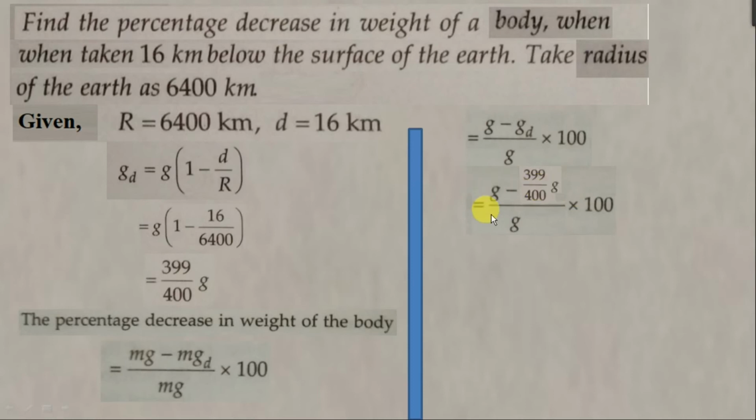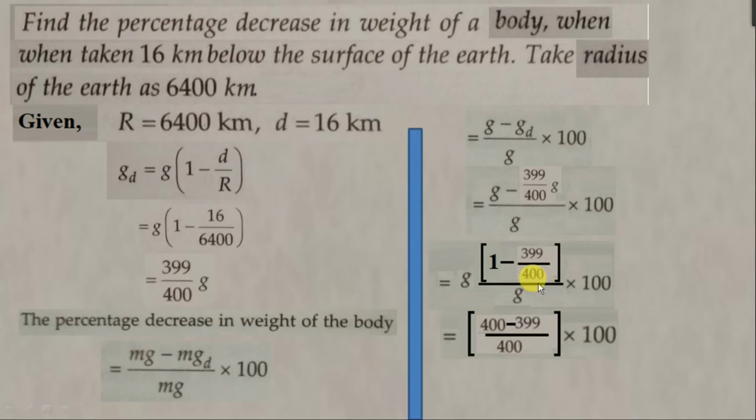So I can take g out. I'm left with 1 minus 399 by 400. This g and this g will cancel each other. So I'm left with 400 minus 399 by 400 into 100. Two zeros and two zeros will get cancelled. So you're left with 1 by 4. And 1 by 4 is equal to 0.25%. So the percentage decrease in weight is 0.25%.